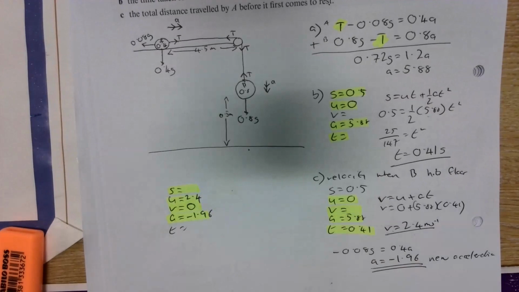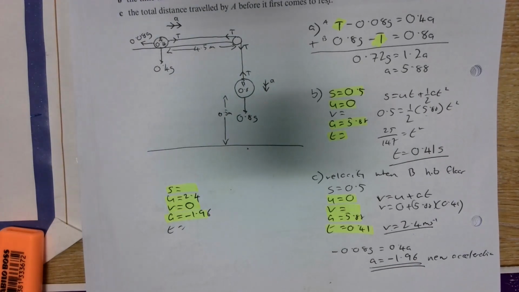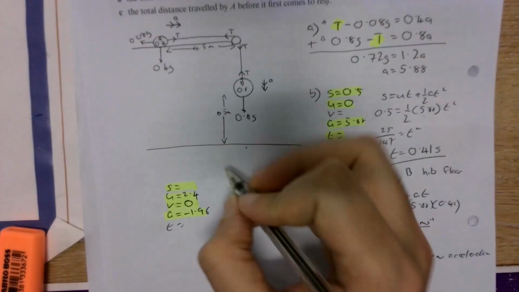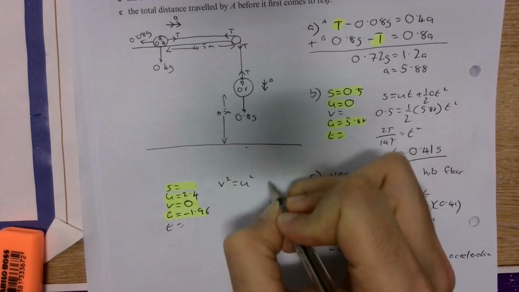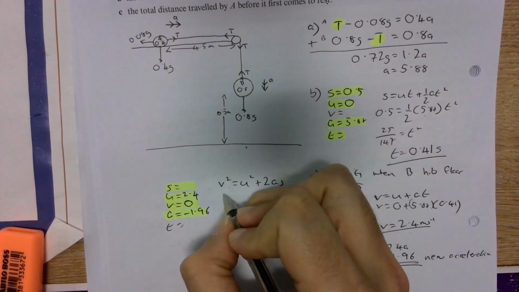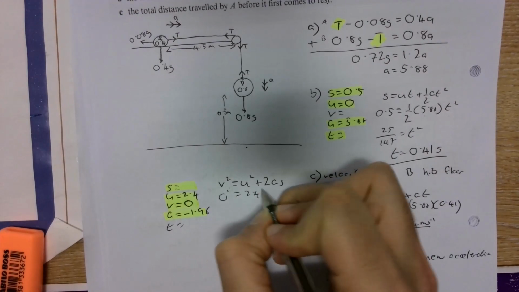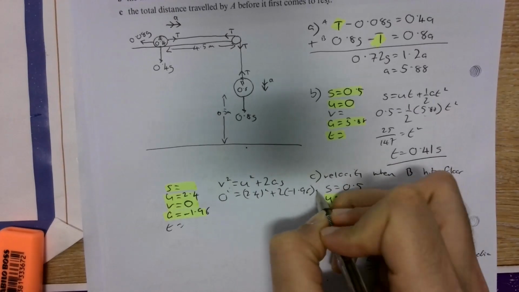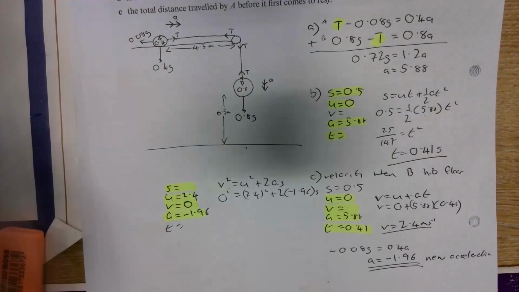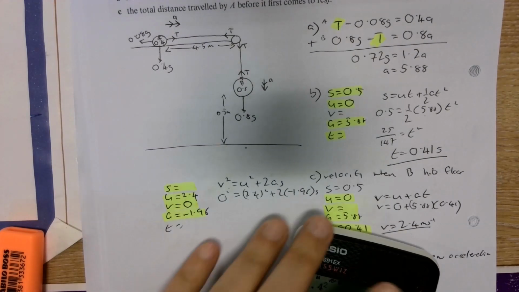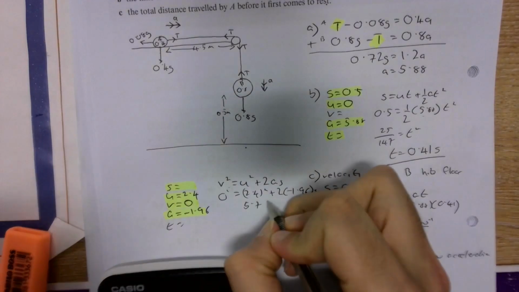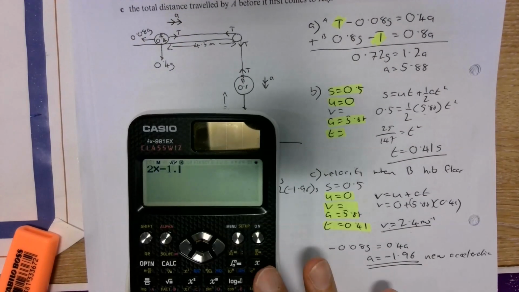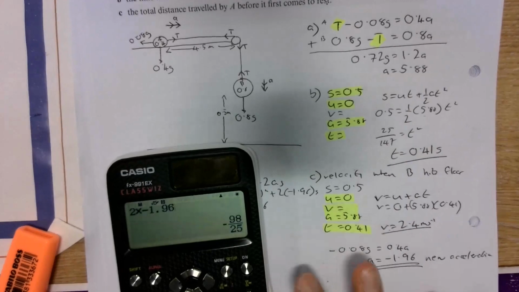Again, we need to think about which formula we're going to be using. Well, that's V squared equals U squared plus 2AS, isn't it? So 0 squared will equal 2.4 squared plus 2 times minus 1.96 S. Let's figure all that out. 2.4 squared is 5.76. 2 times minus 1.96 gives you minus 3.92, which I'm going to take over to the other side.